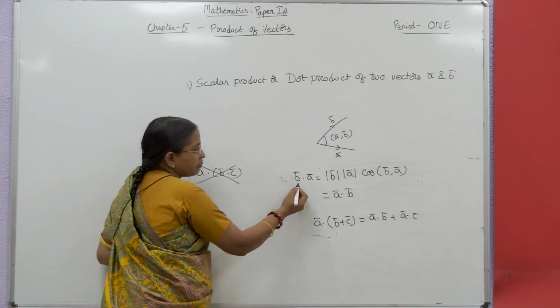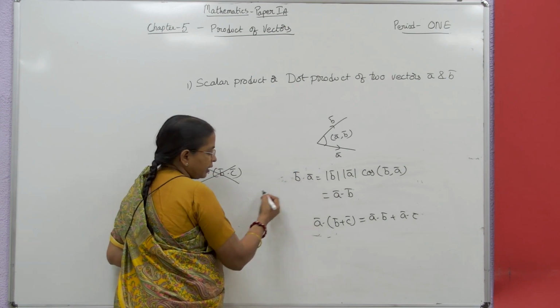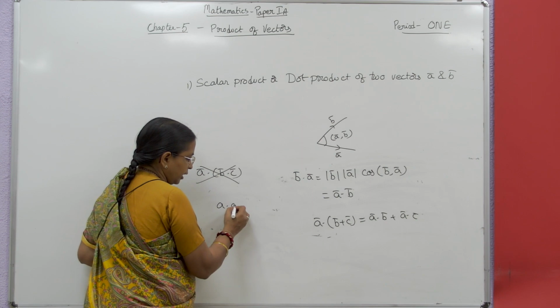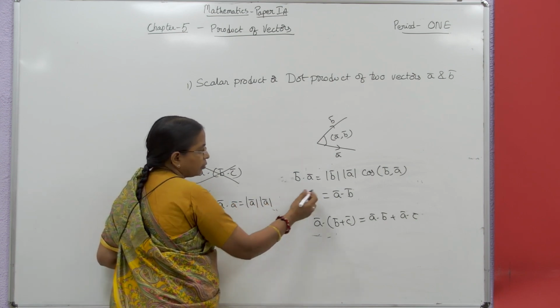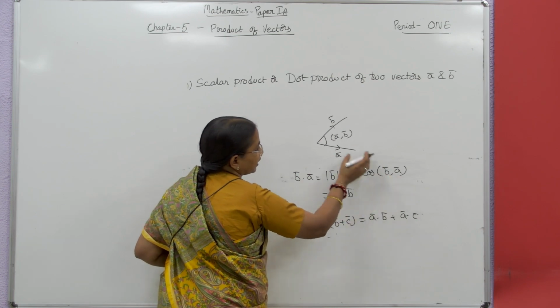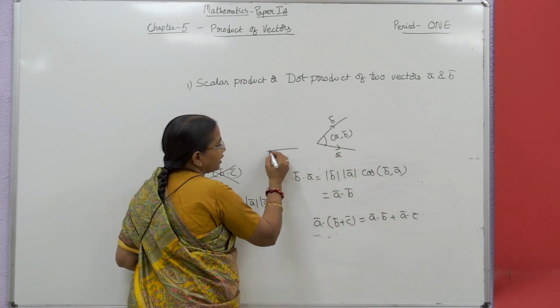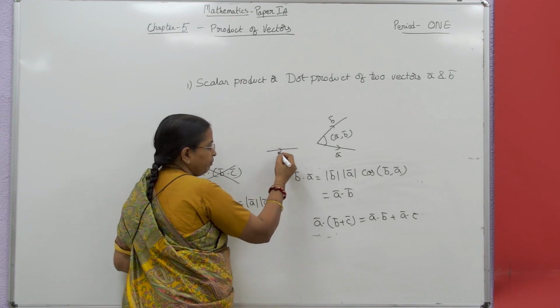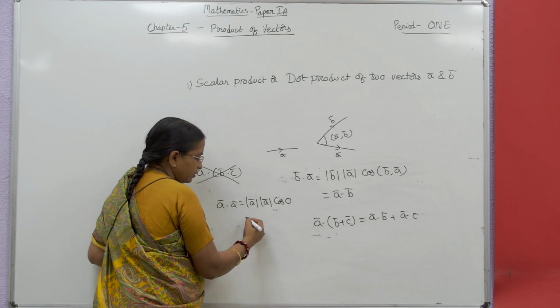Next, suppose B is also equal to A. Then it becomes A dot A. A dot A is equal to mod A into mod A into cos of the angle between A and A. When A coincides with A, what is the angle between A and A? This is A and it is again A. So the angle between A and A is 0, and cos 0 is 1.